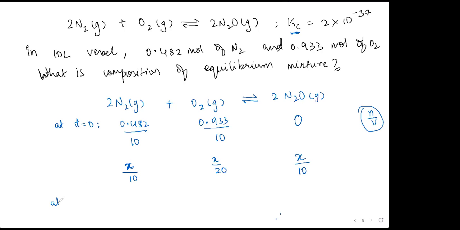So at equilibrium, how much of N2 would be left? 0.482 minus X, the whole divided by 10. Correct. It's literally what you took minus how much has reacted.